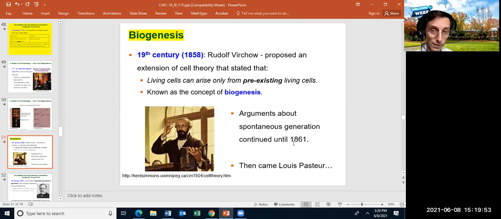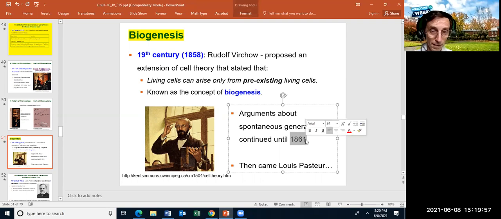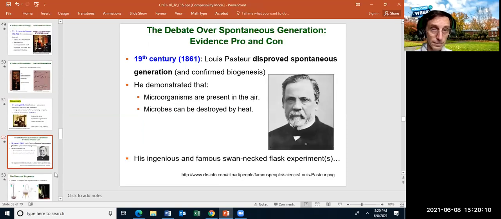In 1861, you don't need to know the year, he published results showing that spontaneous generation did not happen.